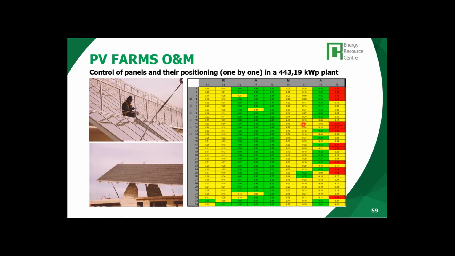And that would have an overall impact of a reduction of 5% of the energy that the plant is producing at the moment. So by grouping all the low performance panels together, this power reduction is minimized to less than 1%.